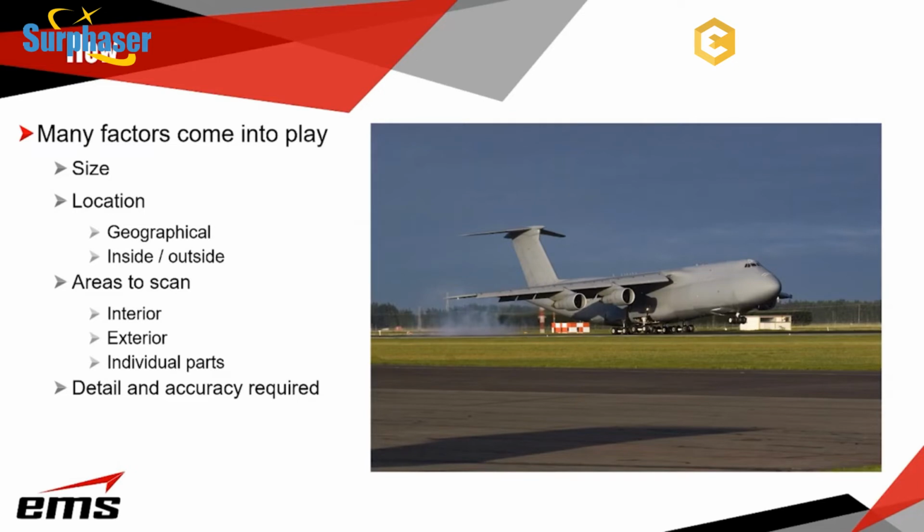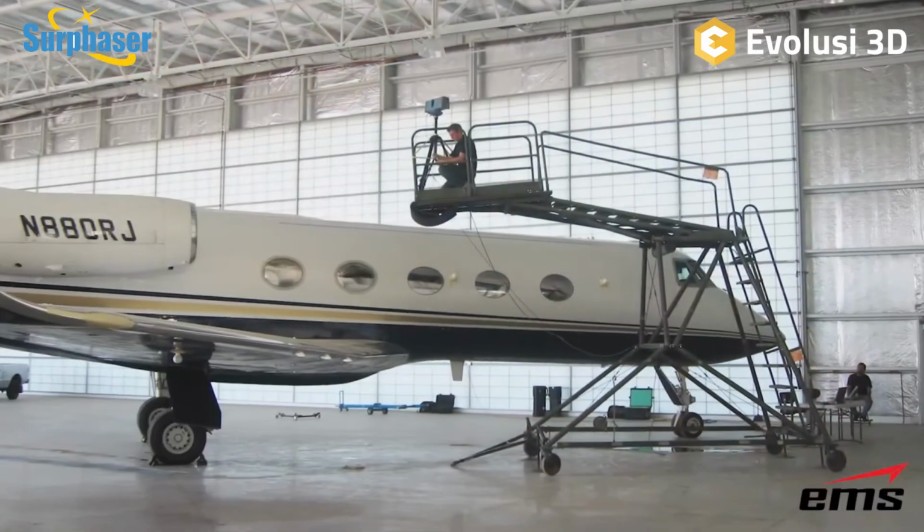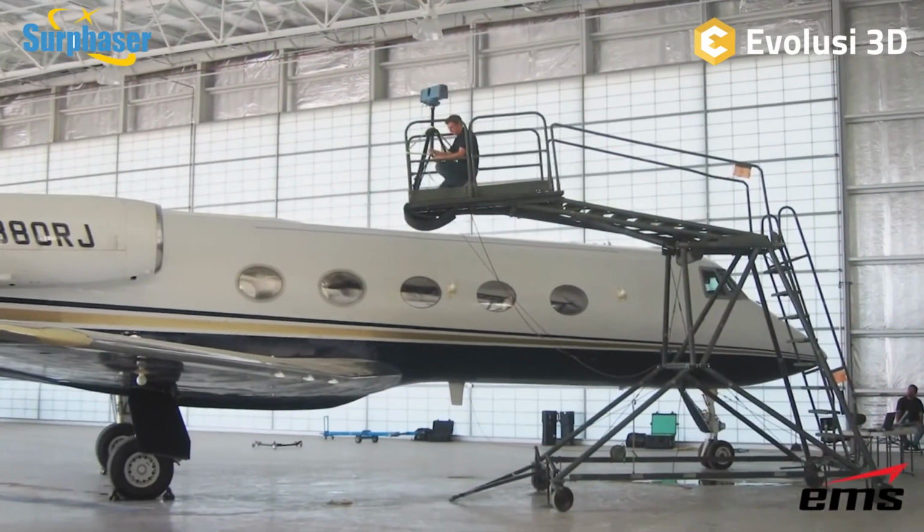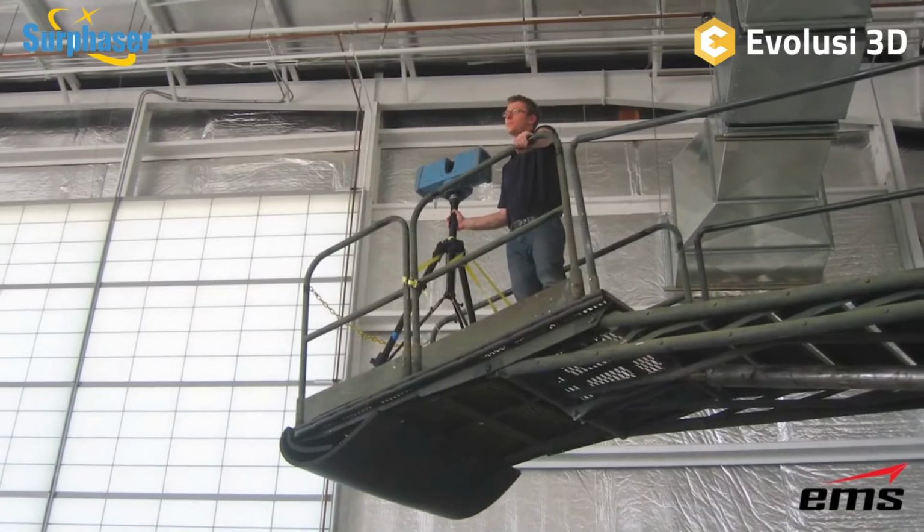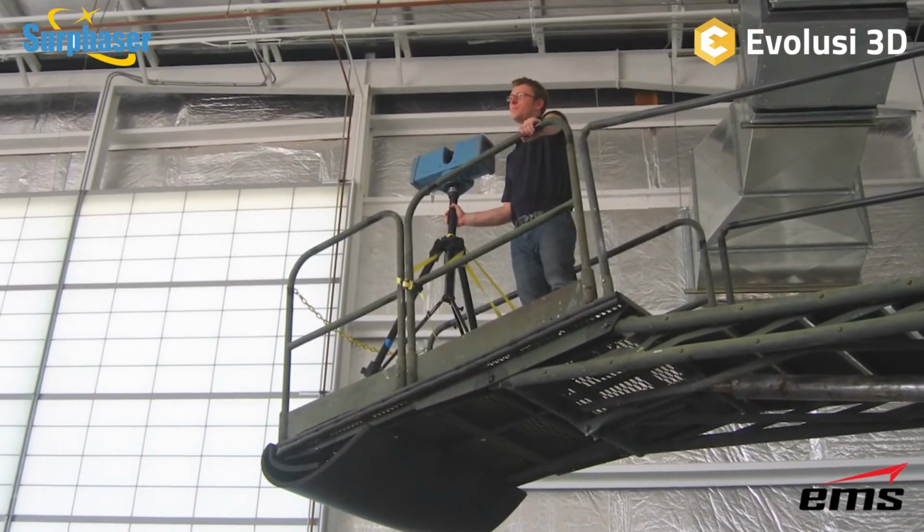Well, the first thing you need to do is look at many different factors that come into play when you're looking at having something 3D scanned. First one really is size. The bigger the aircraft, the more complicated it gets, the more equipment, the more people, the more ancillary equipment might be required to do any 3D scanning.